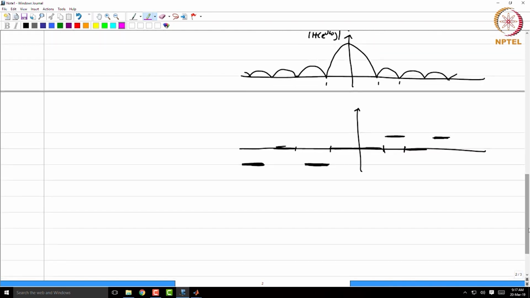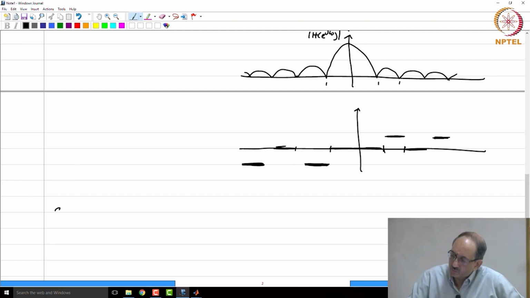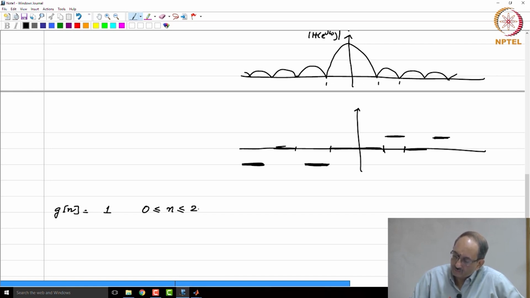Now, let us look at another representation of frequency response where there are no jumps of pi. Suppose you had this particular sequence, g of n which was 1 from 0 to 2N, and you can easily see this is nothing but h of n minus N, where h of n is the h of n that was shown in the earlier example.